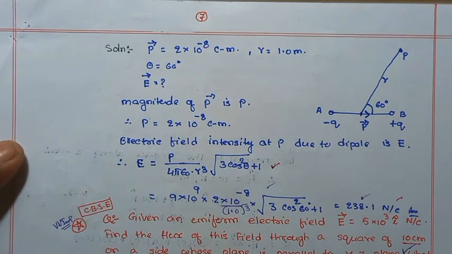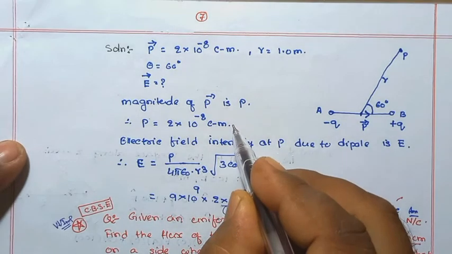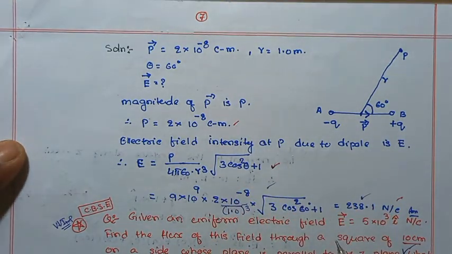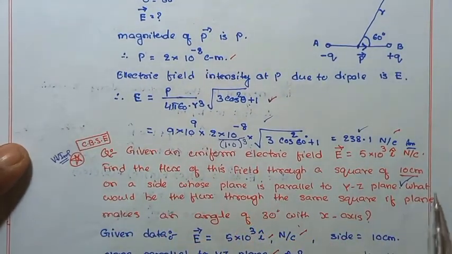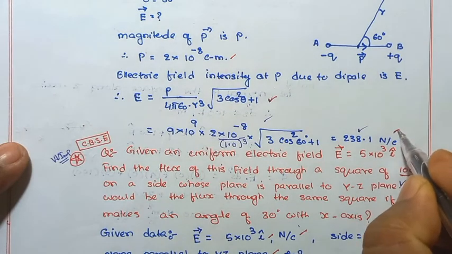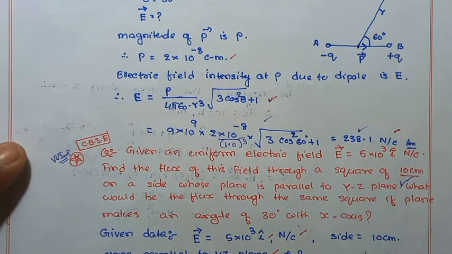Now the magnitude of p is given, that is 2 into 10 power minus 8 coulomb meter, and the r value is given, that is 1 meter, and 1 by 4 pi epsilon 0 value is 9 into 10 power 9. Theta is given as 60 degrees. So putting all these values here, we will get E equal to 238.1 newton per coulomb. ठीक है.